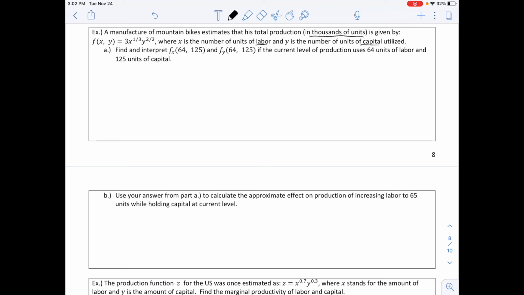Part A says to find and interpret the partial derivative with respect to x at 64, 125 and the partial with respect to y of 64, 125 if the current level of production uses 64 units of labor and 125 units of capital. So first thing that we need to do is find our partial with respect to x.